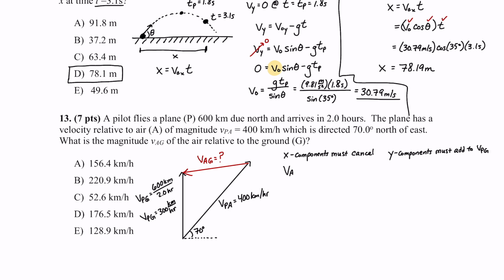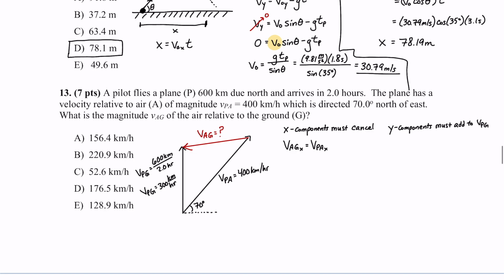So let's look at the first part where the x components must cancel. VAG x must be equal to VPA x. And this one is pretty easy because we're told the overall magnitude of VPA is 400 kilometers per hour. We're actually told the angle that it's flying at, so to get the x component, we just need to find the cosine.